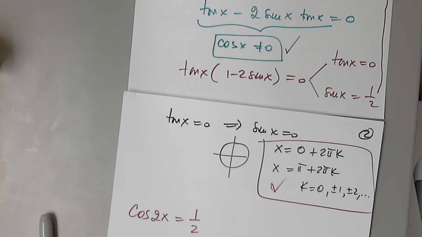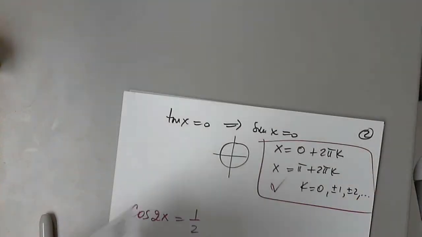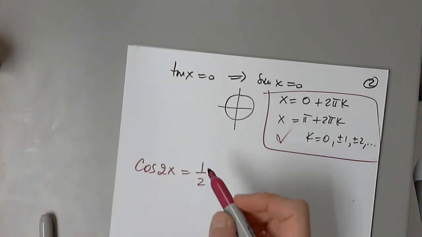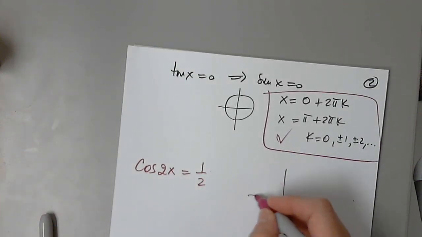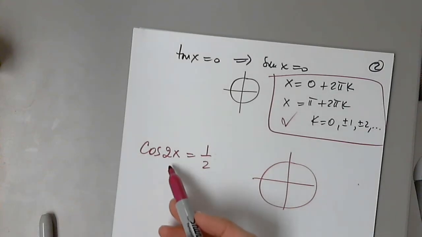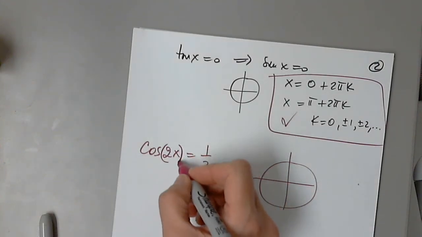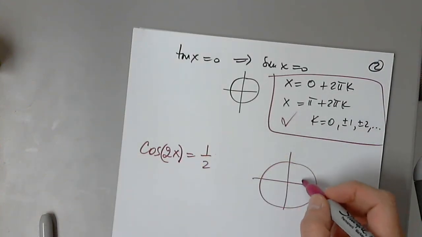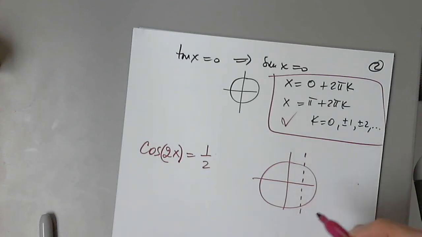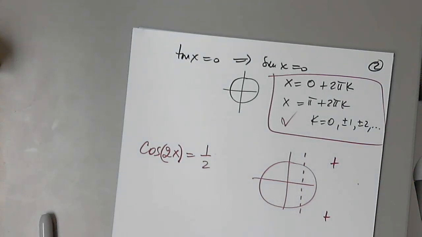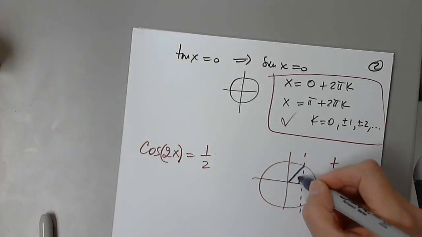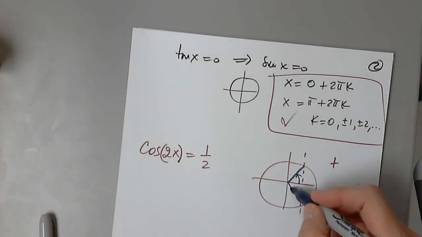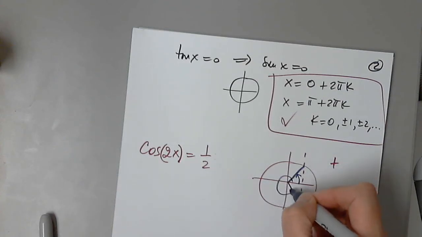Good. Okay, this is a slightly different situation. Because now, again, we look at the unit circle, cosine of an angle equals 1/2. Remember, it's just right here in the middle. Cosine is positive in the first and the fourth quadrants. So we will have an angle that ends in the first quadrant and an angle that ends in the fourth quadrant.